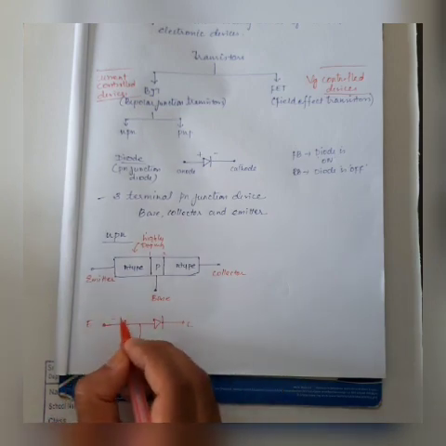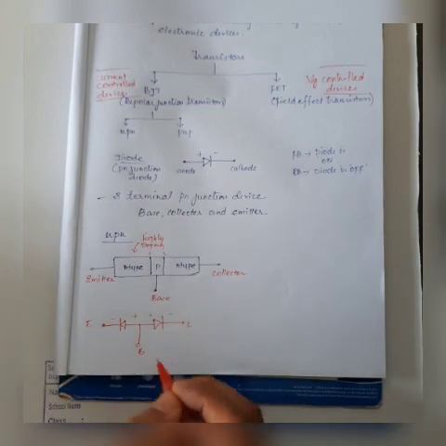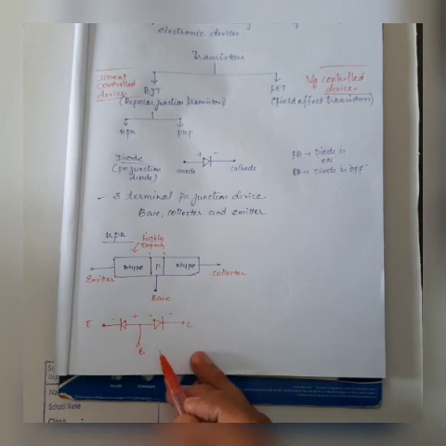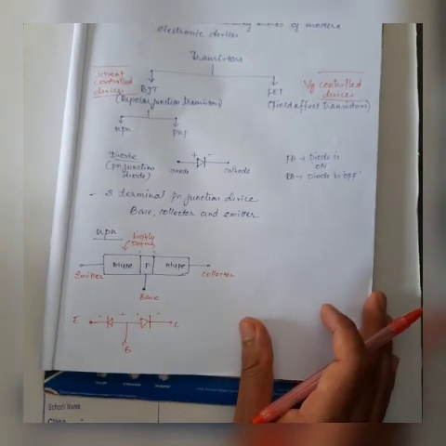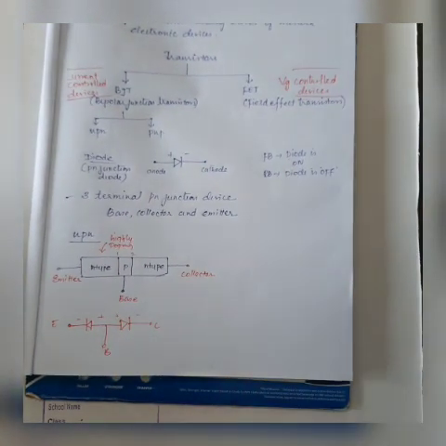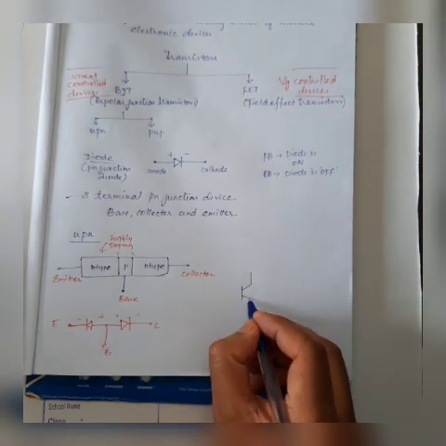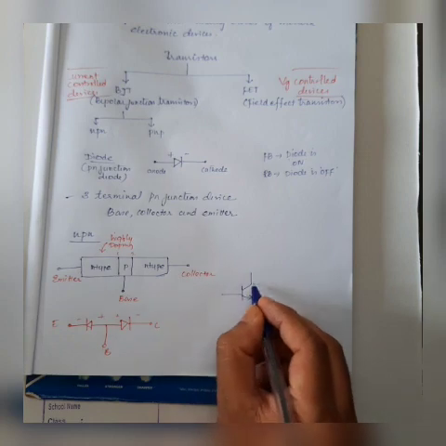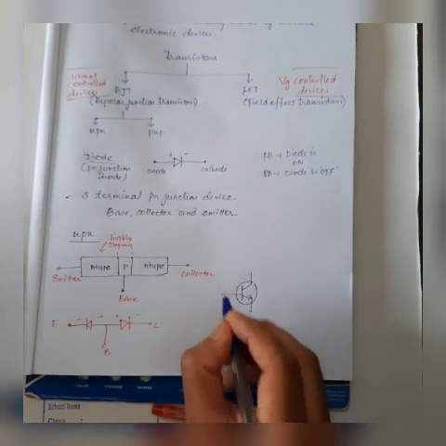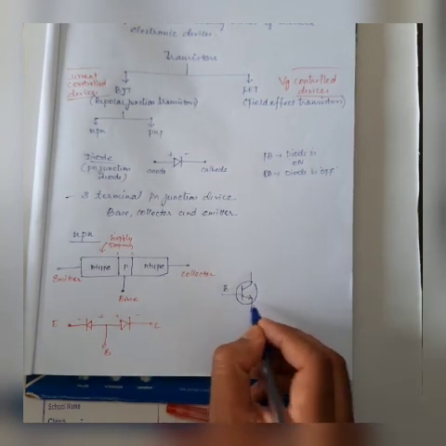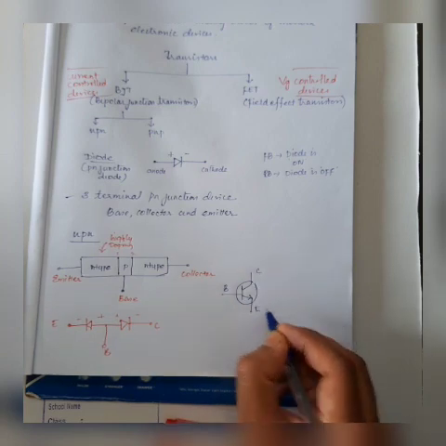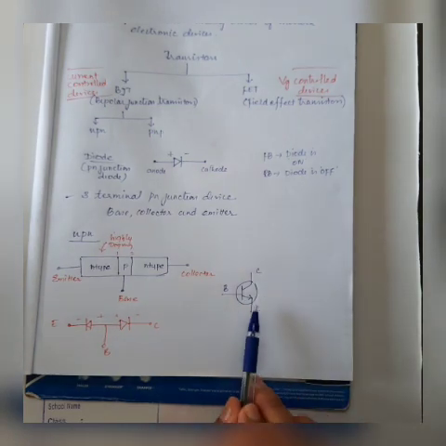You can see this is negative, positive, positive, negative. The same thing pictorially we will represent like this. Symbolically, the NPN transistor we will write like this. This arrow goes towards the outside, which is very important. So this is the symbolic representation of the NPN transistor.